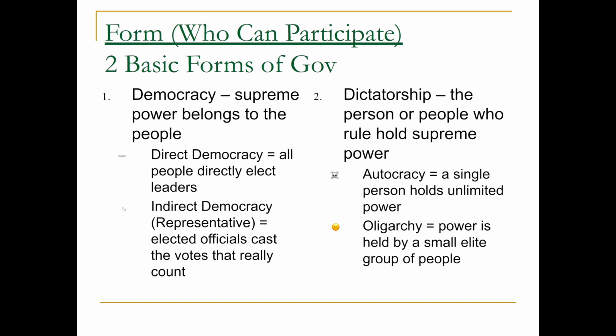The other type of dictatorship would be an oligarchy. An oligarchy is a small group of people that hold power. And I know we talked about Russia the other day as well. Russia really is, they call themselves a republic or a democracy, and they're really not. It's what we call a fake or a faux democracy.